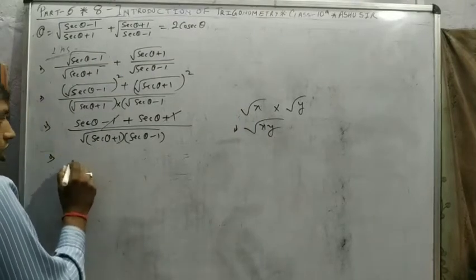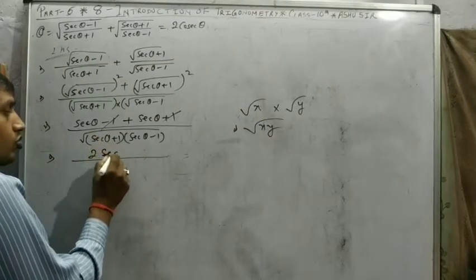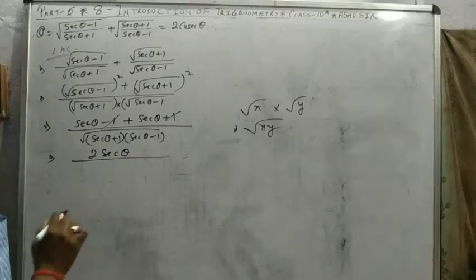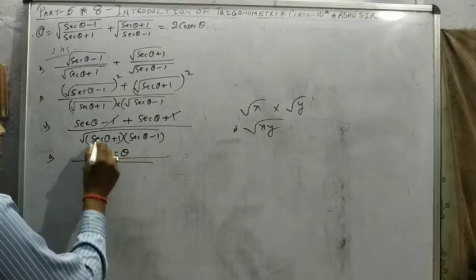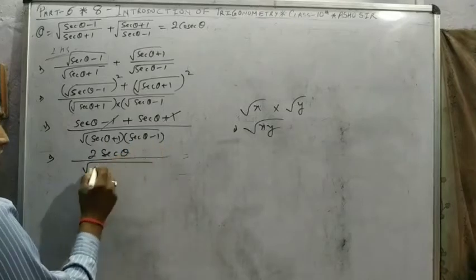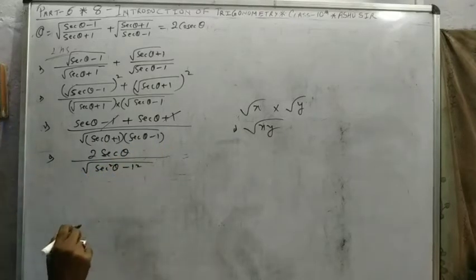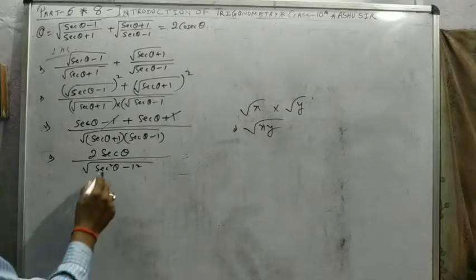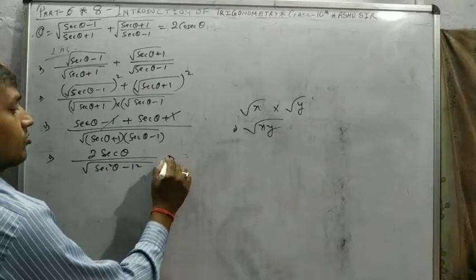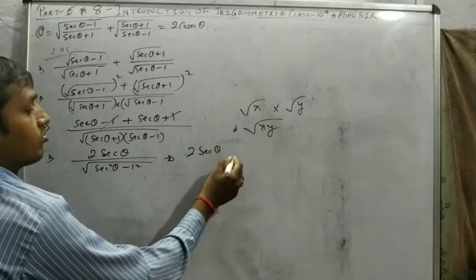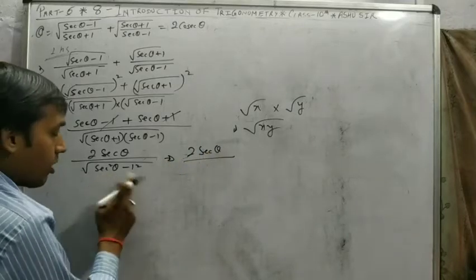So this is 2 sec theta, and here in the root, sec plus 1 into sec minus 1, that is a square minus b square. So sec square theta minus 1.